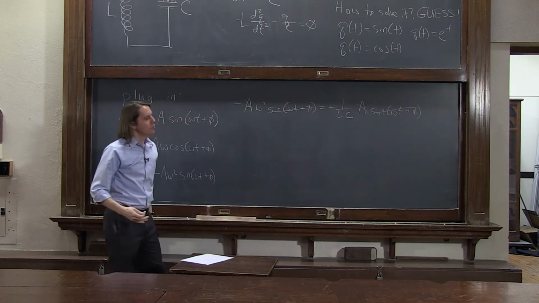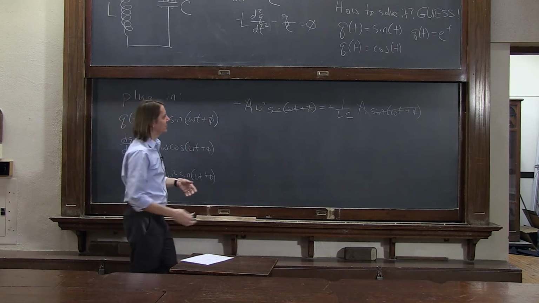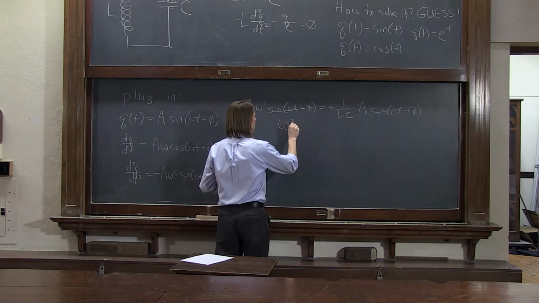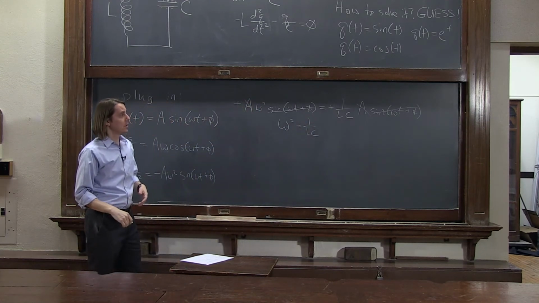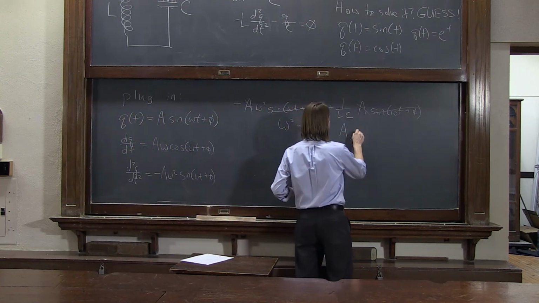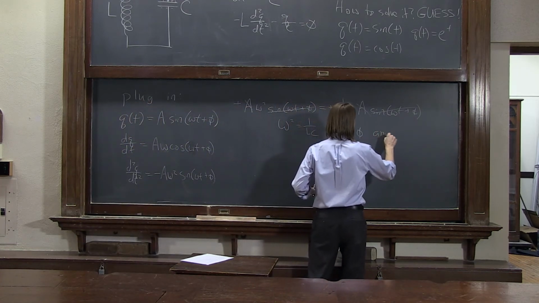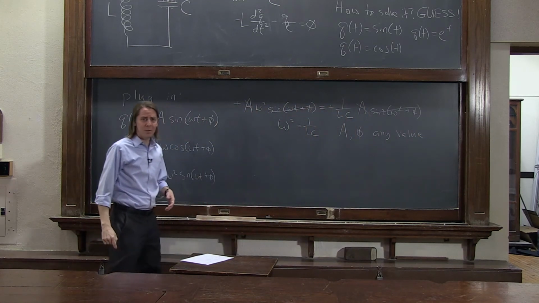And what this is telling you, the equation is talking to you. It's saying, you say, is this a good solution? The equation says yes, if omega squared is 1 over LC. And you could ask the equation, what about a and phi? A and phi can take any value. So the equation doesn't care about a and phi, the amplitude and the phase.